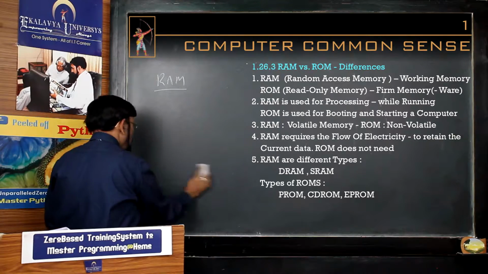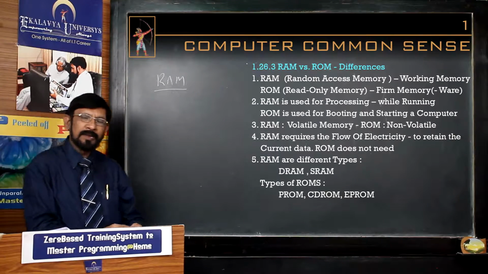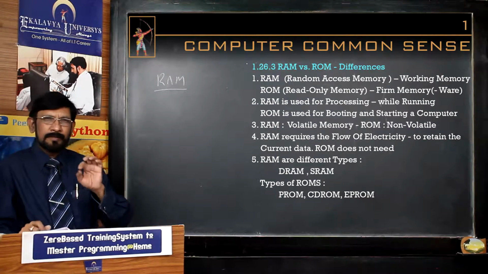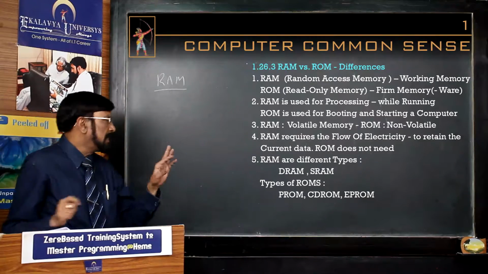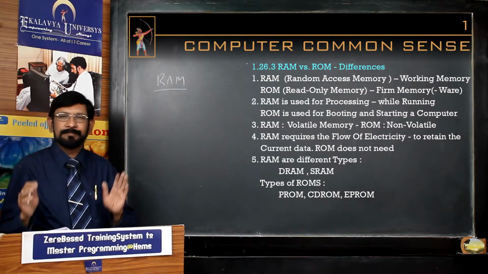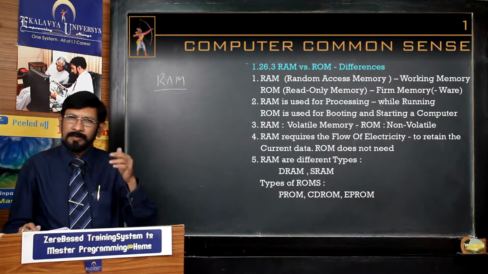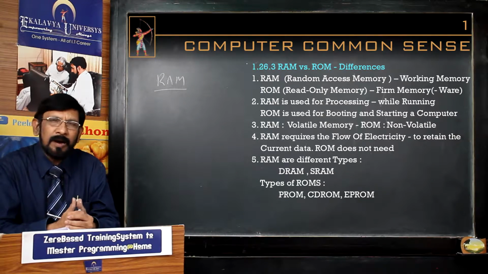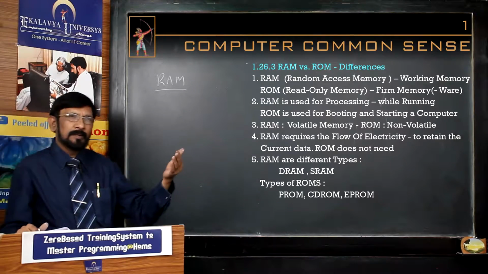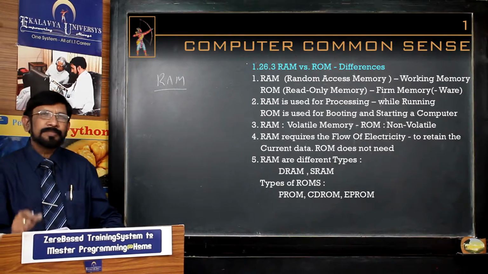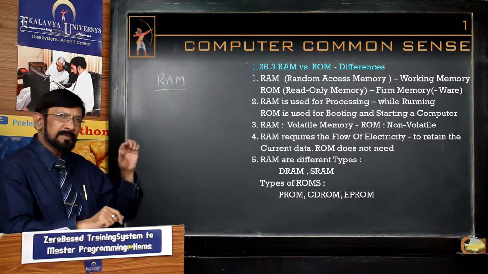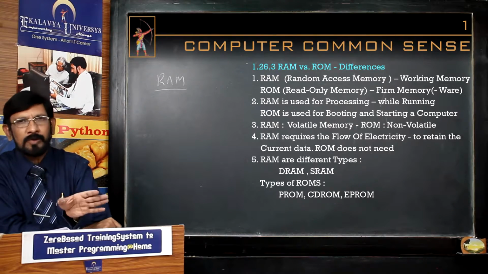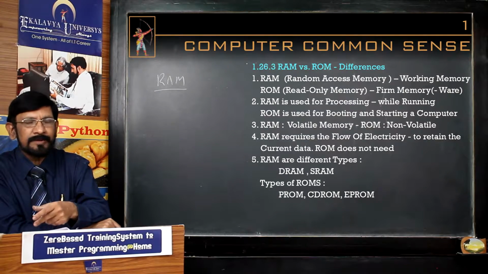This is a volatile memory. Volatile memory means when current is passing, the data can be retained in RAM. If your computer is switched off, or there is a power disconnection, then whatever data is currently in the RAM is lost. You cannot retrieve it.